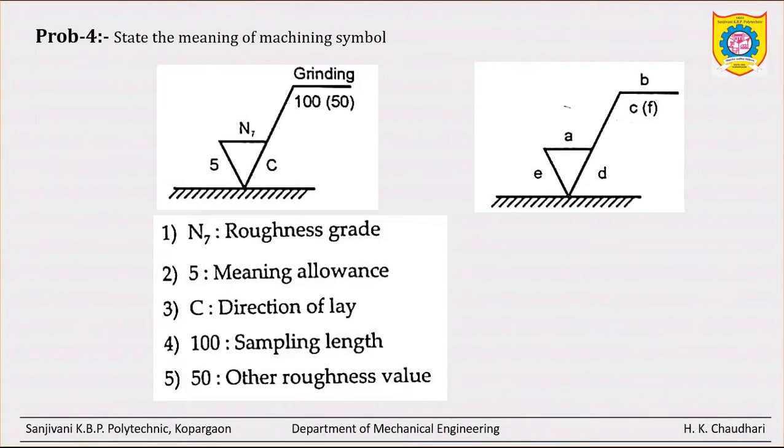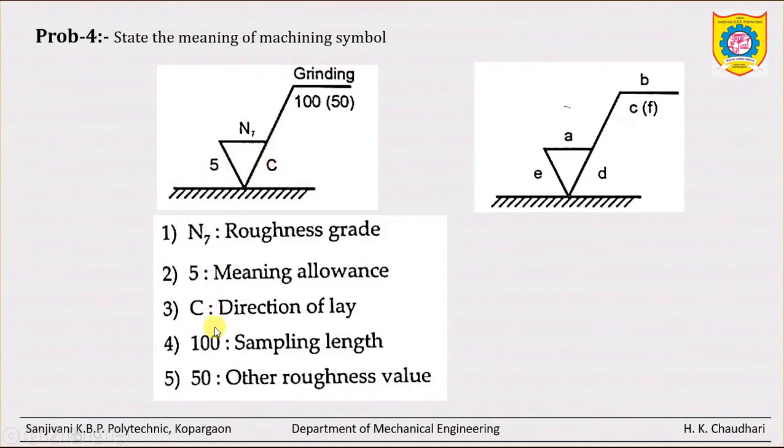And for any symbol or any problem, when you are asked to state the meaning of such a symbol, just write it in sequence: 1, 2, 3, 4 and 5.